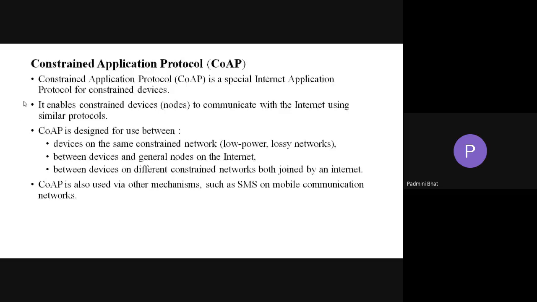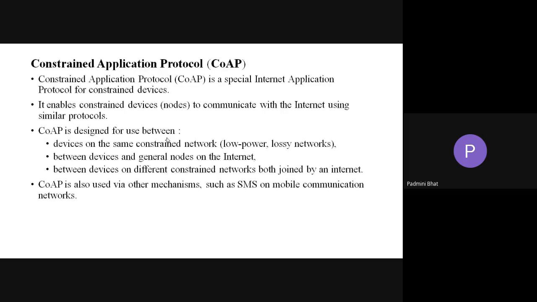Similarly, CoAP is designed for use between devices on the same constrained network, between devices and general nodes on the network, and between devices on different constrained networks, both joined by an internet. This is very easy. Three types we have to tell.